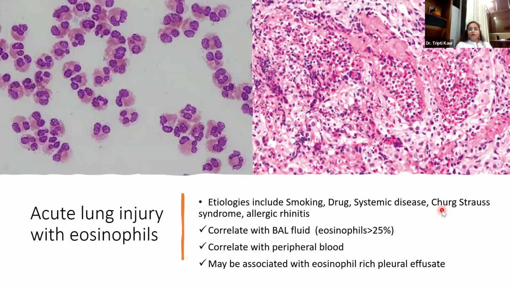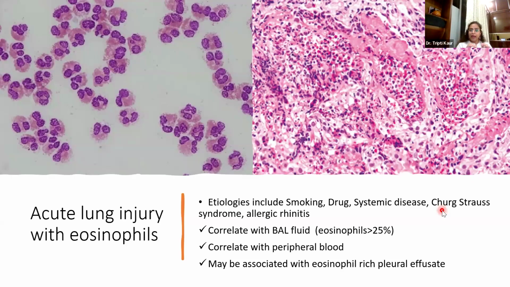Based on what kind of cell you are seeing in an acute lung injury, you can come to certain etiologies. For example, if you see a greater number of eosinophils in a bronchoalveolar lavage fluid, you can put in the comment that we need to rule out etiologies like smoking, drugs, systemic disease, Churg-Strauss syndrome, or allergic rhinitis, because these cases are prone to hypersensitivity kind of reactions.